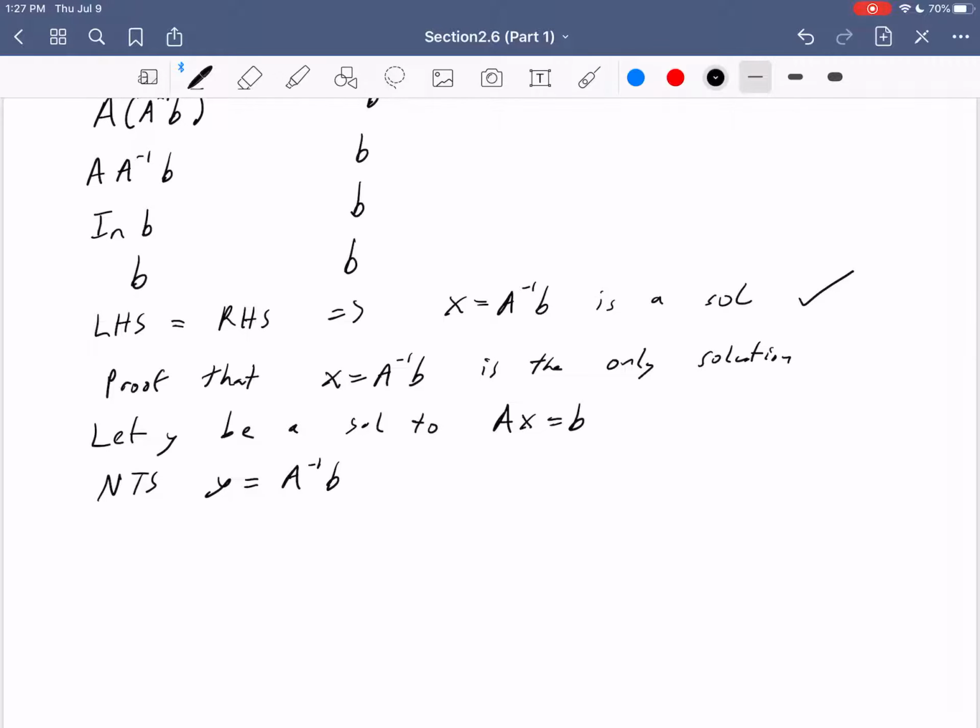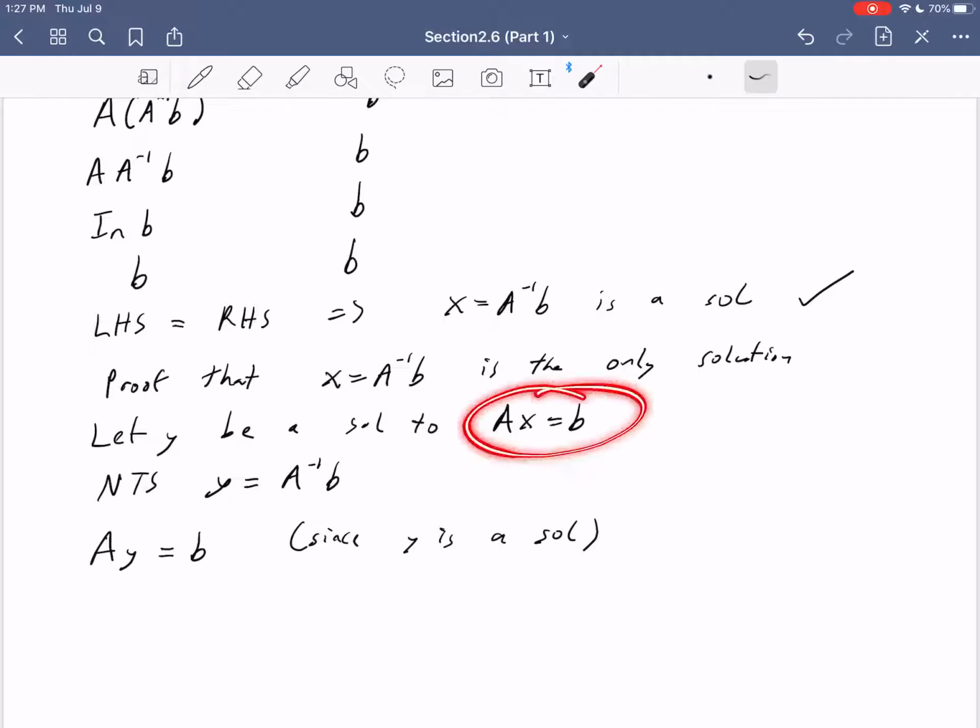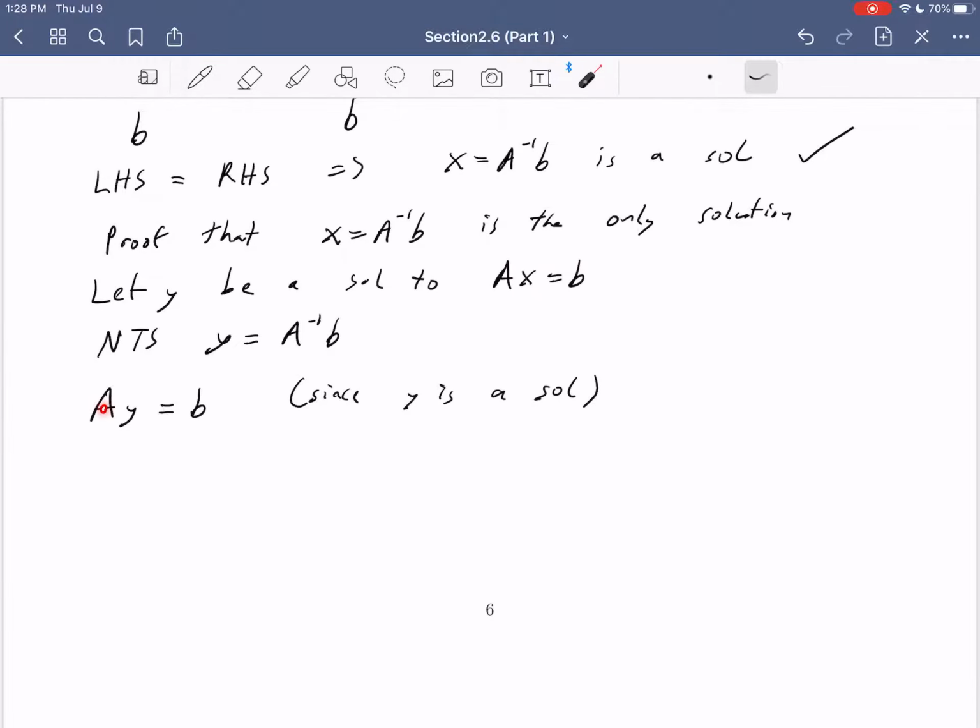So how do we do this? Well, we would say Ay has to equal b, since y is a solution. Right? That's what it means to be a solution. It satisfies this equation. But since A has an inverse, we can multiply both sides by that inverse. A inverse Ay equals A inverse b.